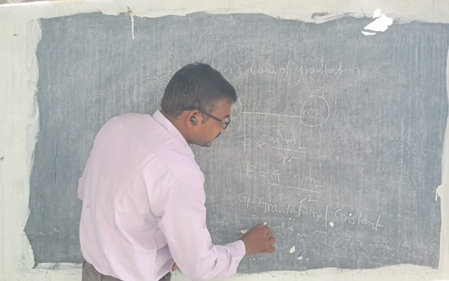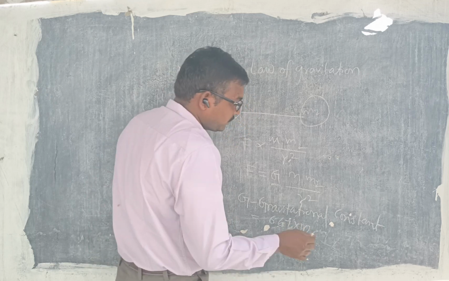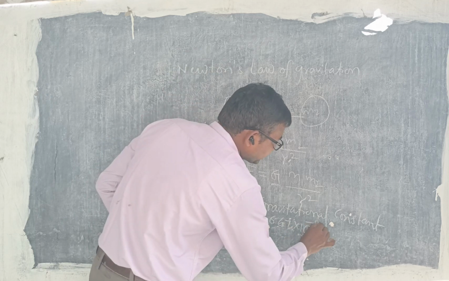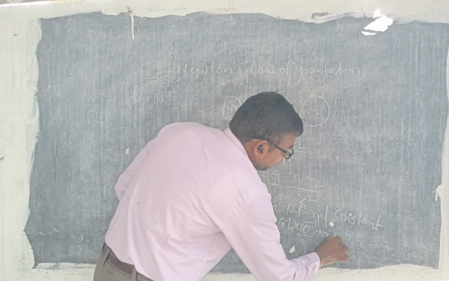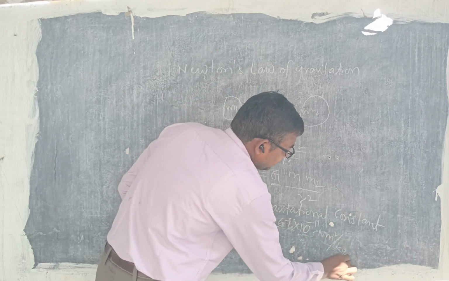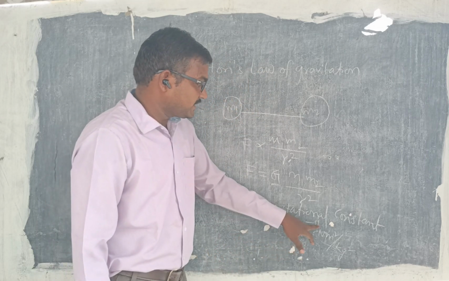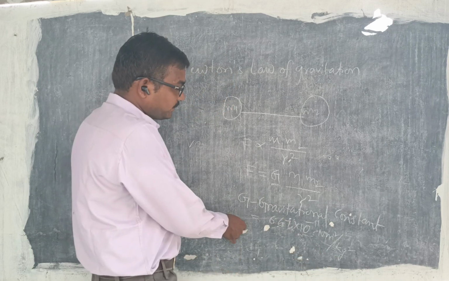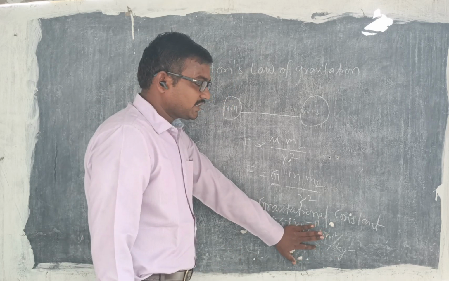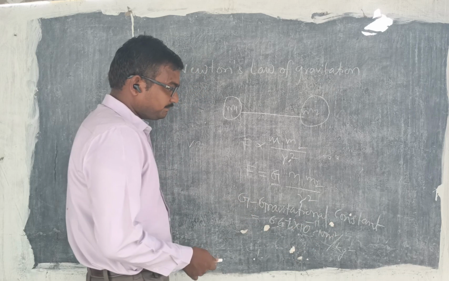The value of the gravitational constant is 6.67 into 10 to the power of minus 11 Newton meter square by kg square. This value is constant wherever you go. It does not change.